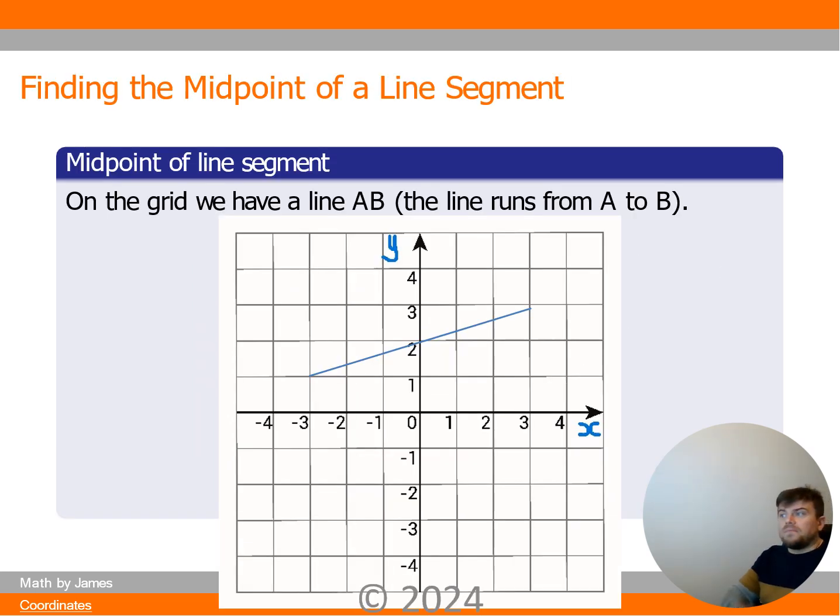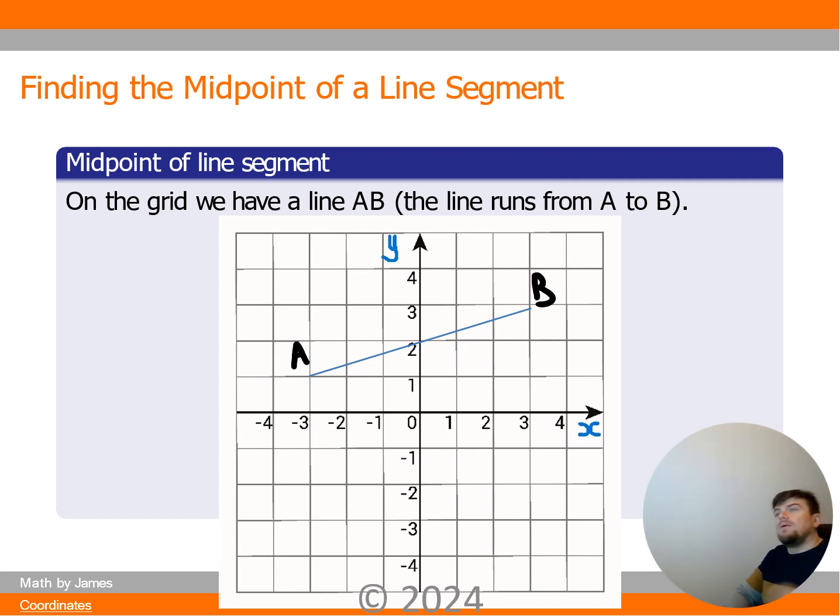So here in this video, we're looking at finding the midpoint of a line. So if we have a line here, A to B, we're looking to find the midpoint. So in a lot of cases, we can visually see what the midpoint is.